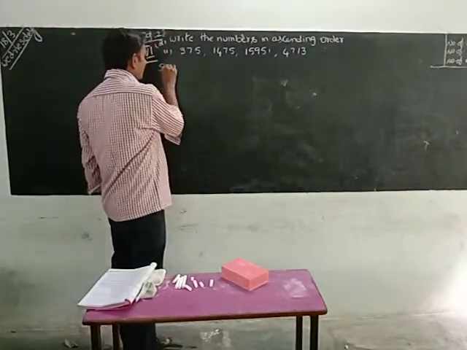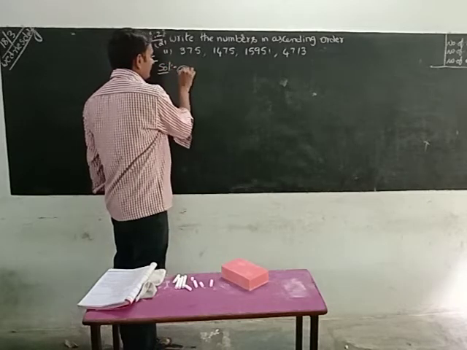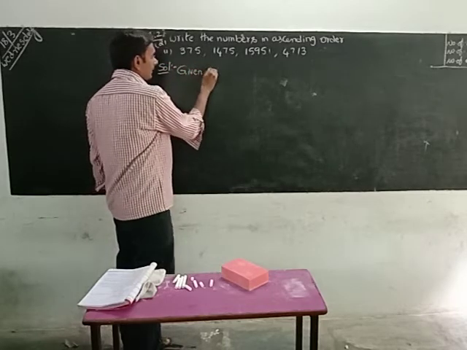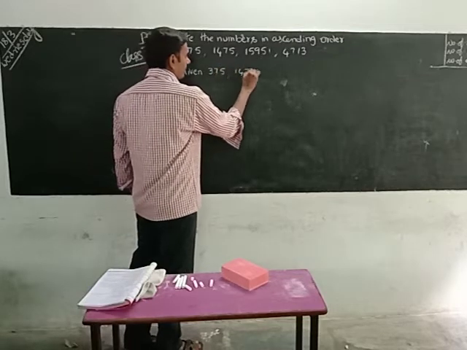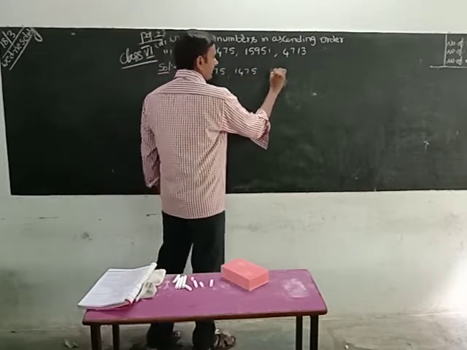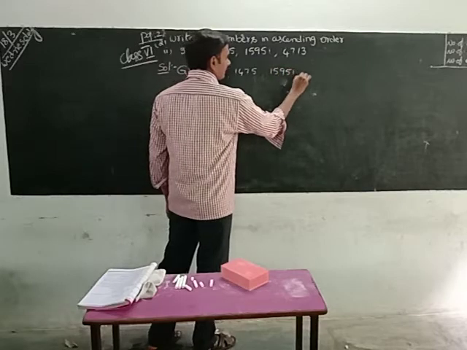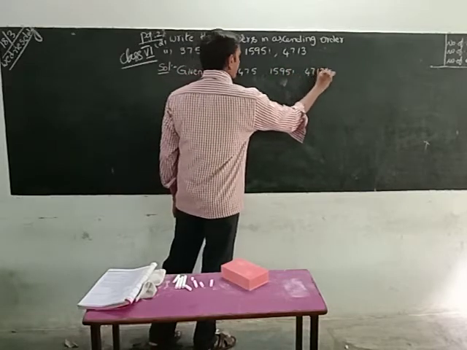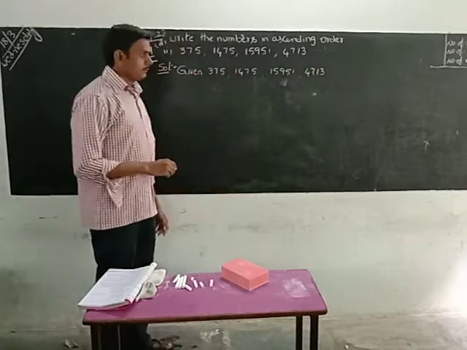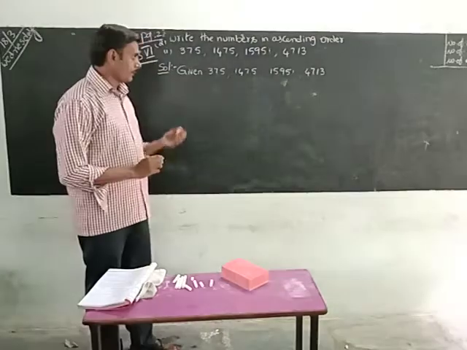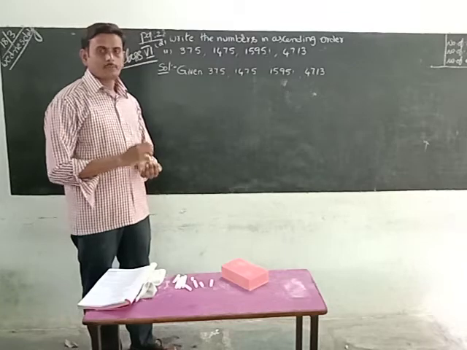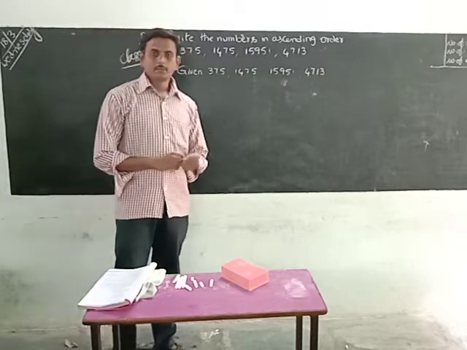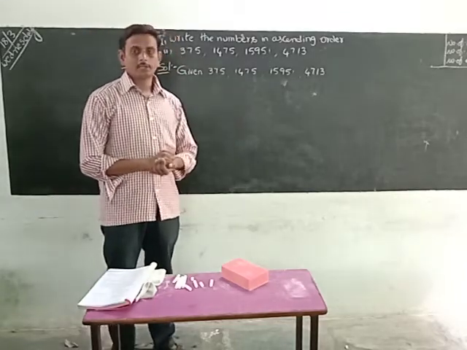What are the given numbers? 375, 1475, 15,951, 4,730. Before going to compare the numbers, what do we have to do first? First count the number of digits in each number.